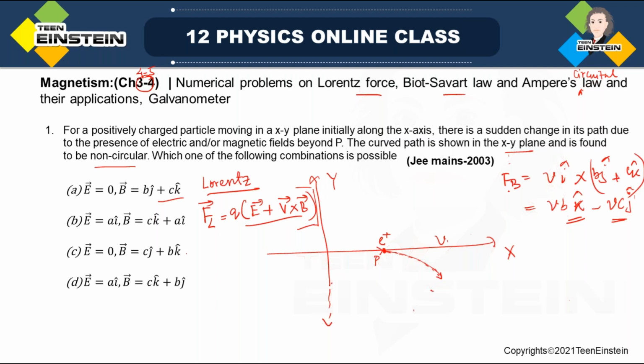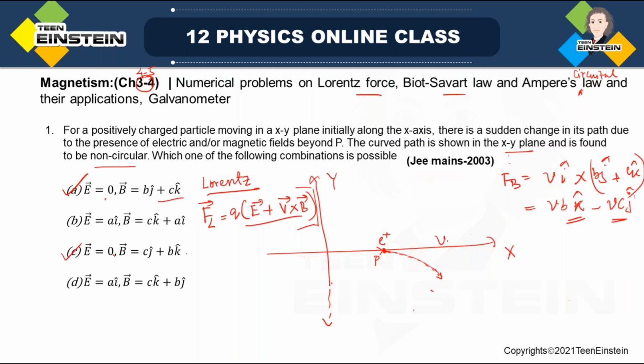That's why this will not be a true option. That means this path is not a circular path, it is a helical path. That's why the E equal to 0 condition is not the ideal case.